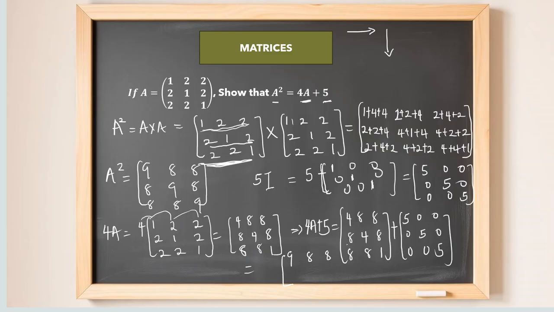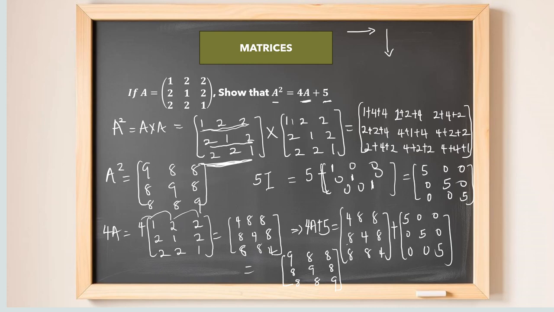And here we have 8 plus 0, here we have 8. 4 plus 5, we have 9. 8 plus 0, we have 8. And for the last one, 8 plus 0, we have 8, 8 plus 0, we have 8. And 4 plus 5, sorry please, this should be 4. This should be 4 because 4 times 1 is going to be 4. So 4 plus 5 is going to be 9.